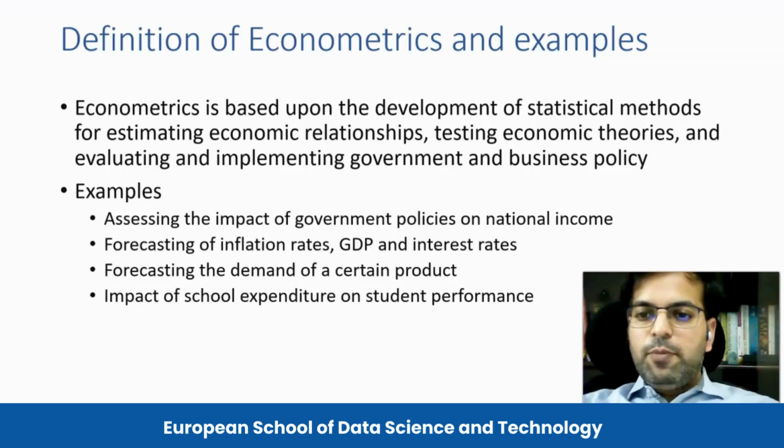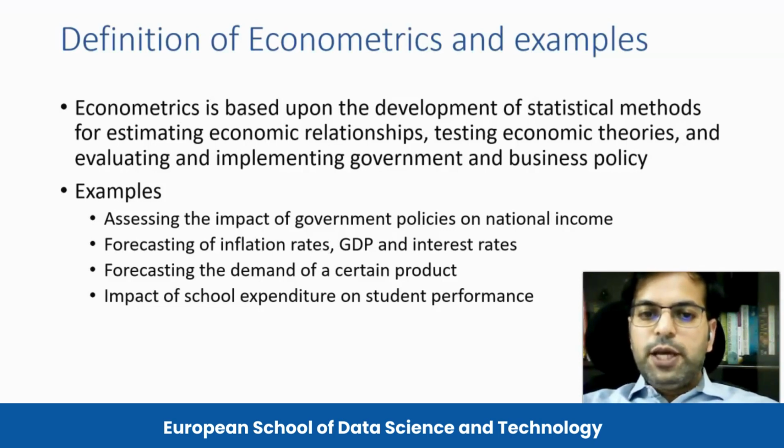Forecasting demand of a certain product is something that is localized in its entire sense. It does not have any impact on the larger population or the national variables per se. That is why it constitutes a part of the microeconomic class of econometric models.